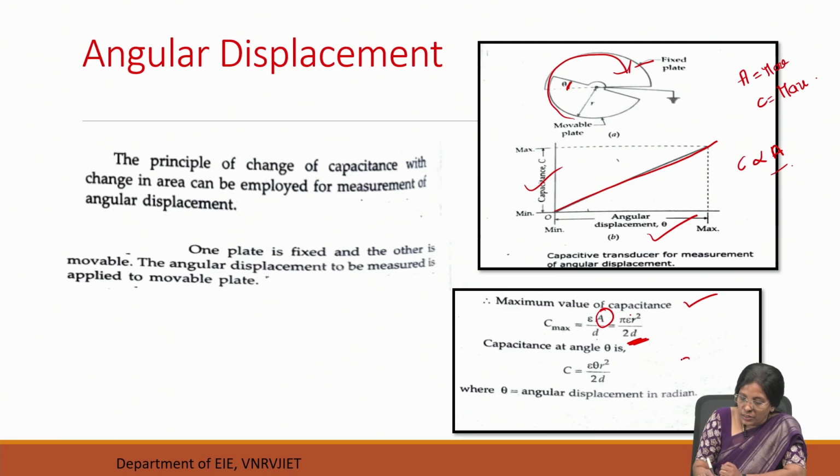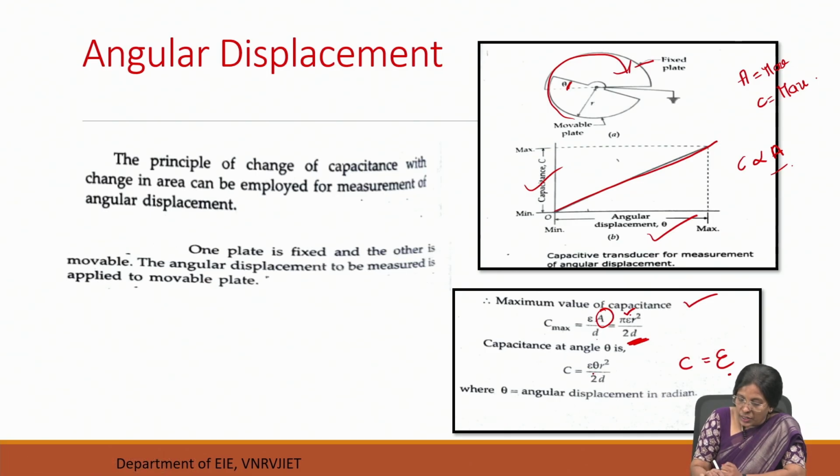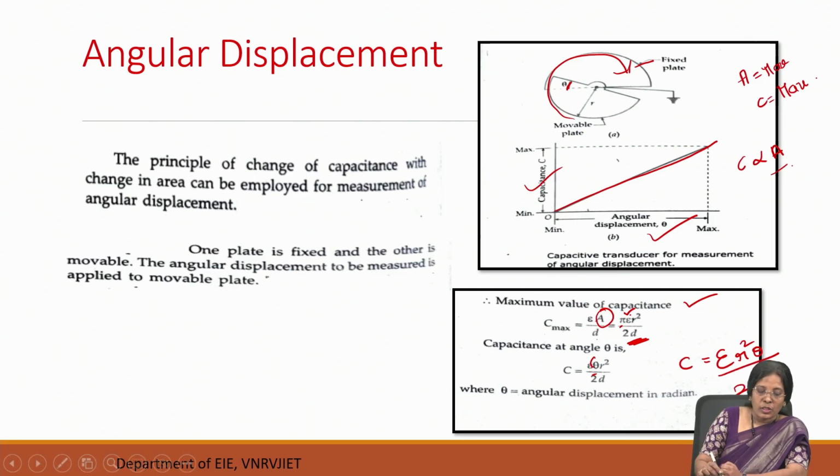So C is equal to epsilon, the permittivity, times r square, this radius, and the angle theta, by 2D. Okay, this is about the angular displacement.